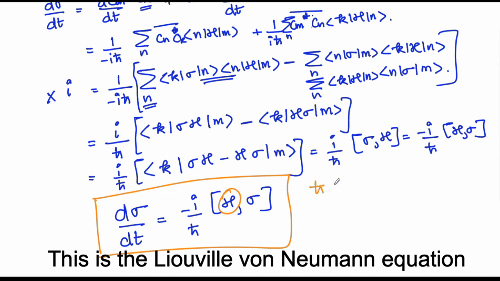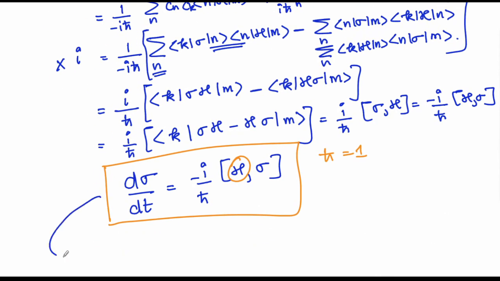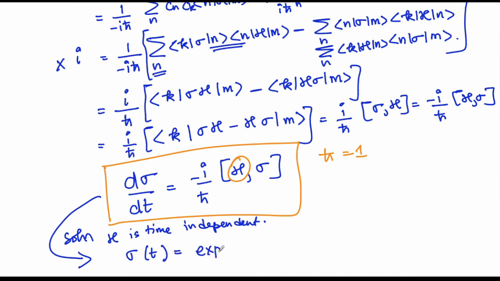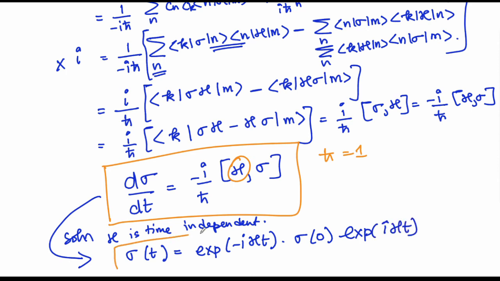Generally we set h bar to 1, which is why I am not pronouncing h bar out. This is a differential equation. The solution for this equation, when the Hamiltonian is time independent, would be given by sigma of t equal to exp of minus i Hamiltonian t times sigma 0 times exp of i Hamiltonian t.